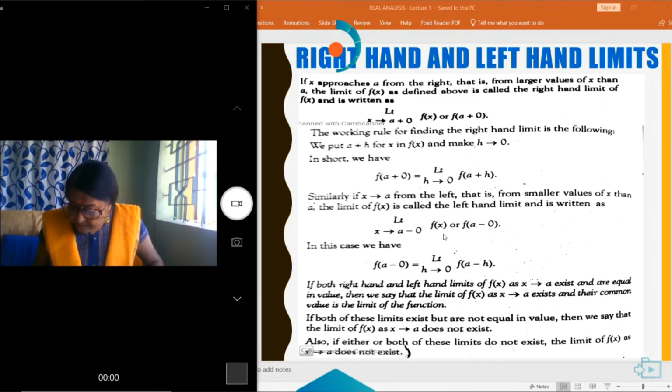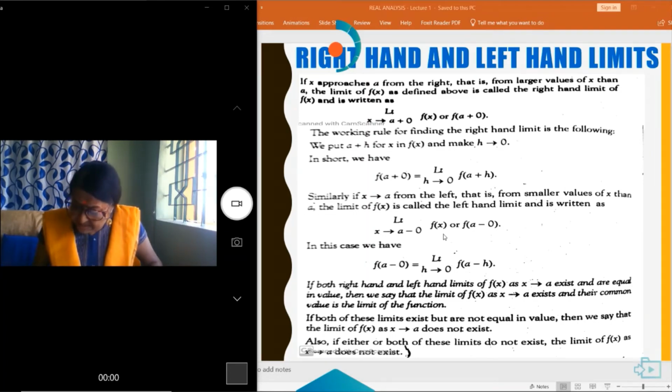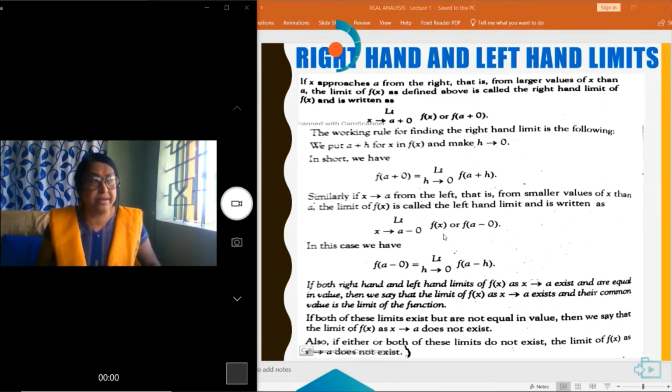If either or both of these limits do not exist, then the limit of f(x) as x tends to a does not exist. That is, if the left hand limit is equal to the right hand limit, then the limit exists and the common value is called the limit of f(x) at x equal to a.